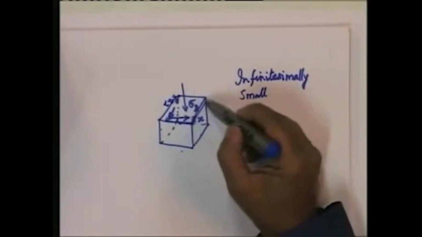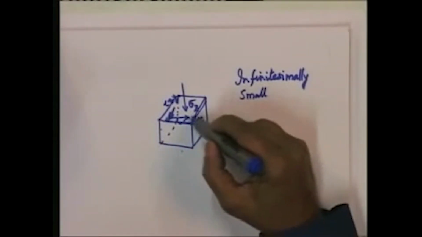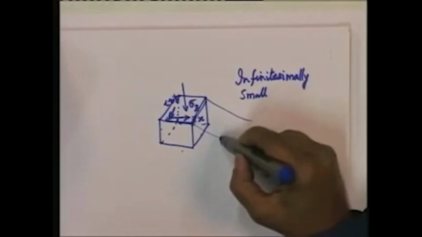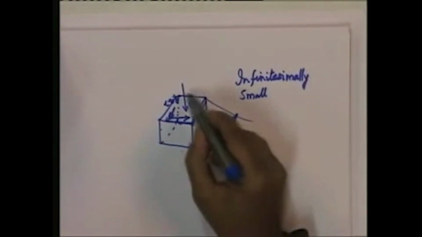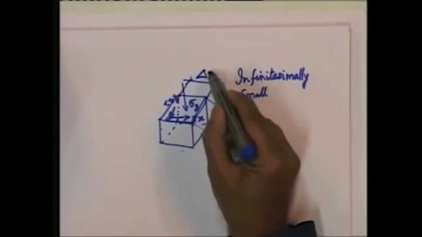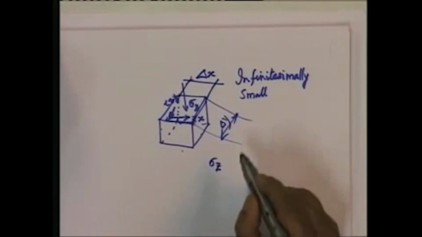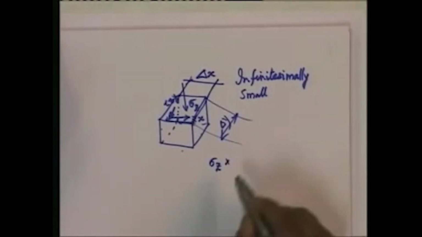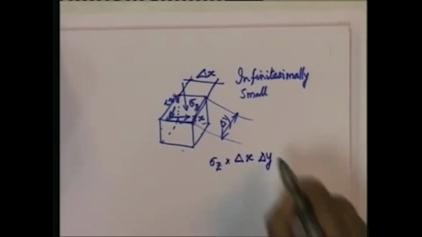For example, if this dimension in the y direction is delta y, and this dimension in the x direction is delta x, then the force that is arising due to sigma z will be sigma z into delta x into delta y.